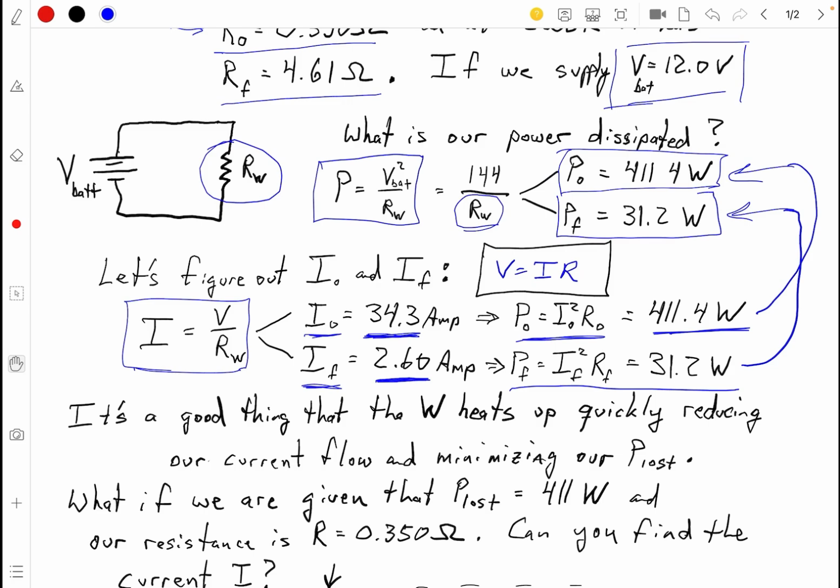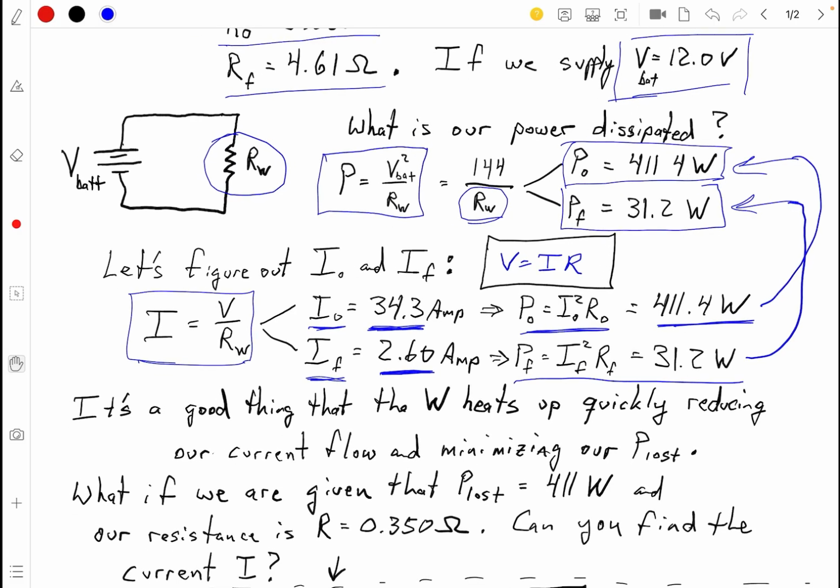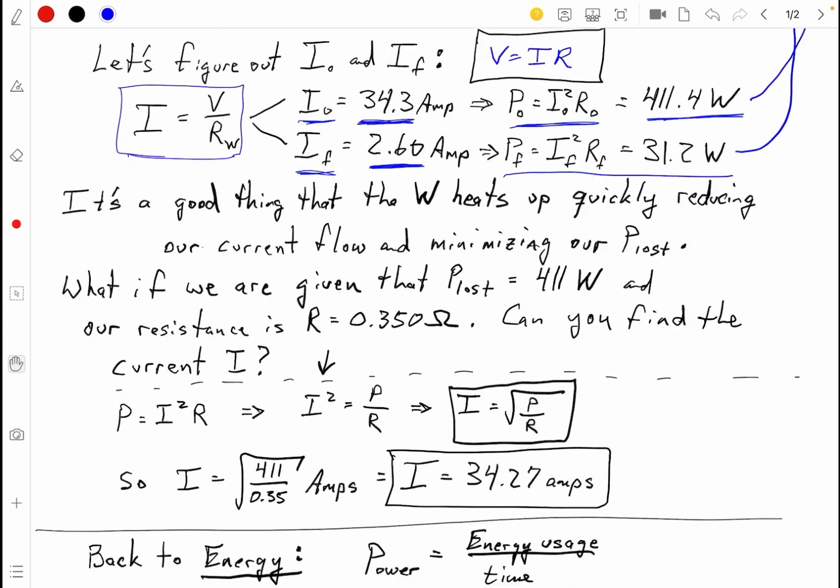Now, if we know what our power loss is and we know our resistance, can you find the current? Okay, so take a second and think about how you would go about finding the current if you just know your power lost and you know the resistance. What are you going to do? Okay, you can stop right now if you want and then come back, and we're going to do this.